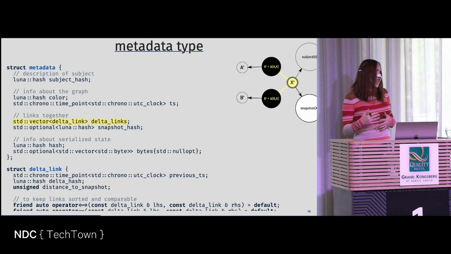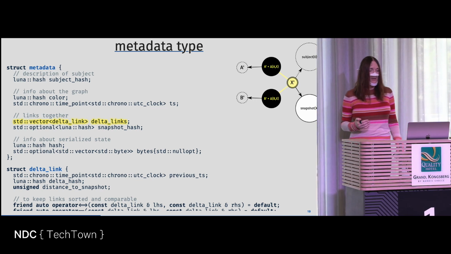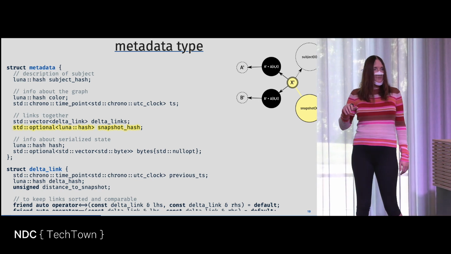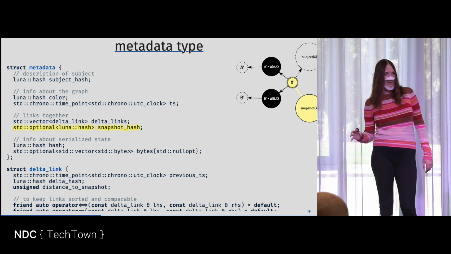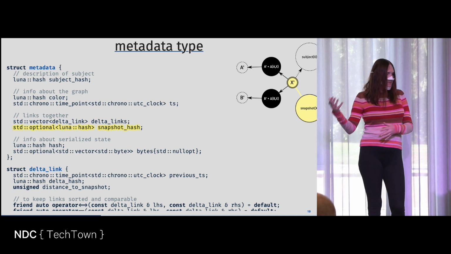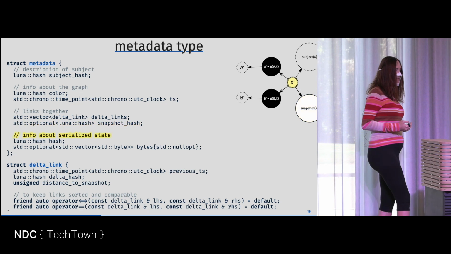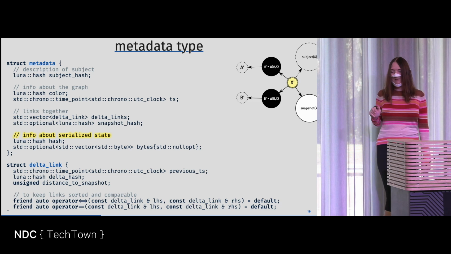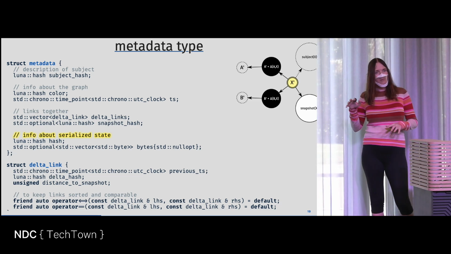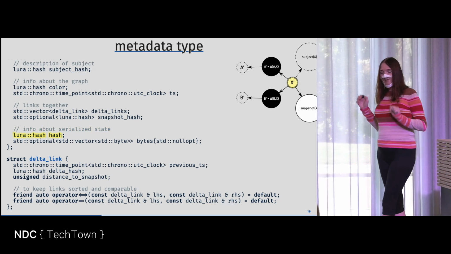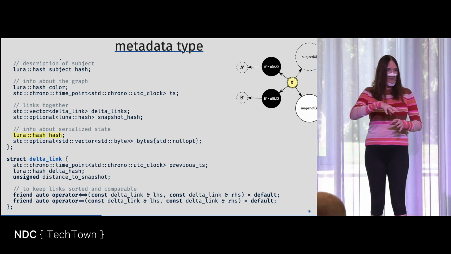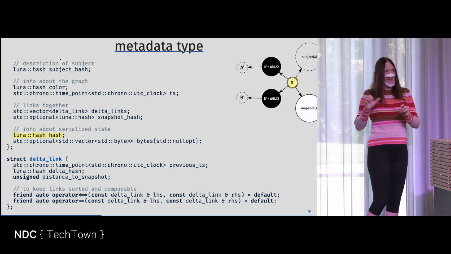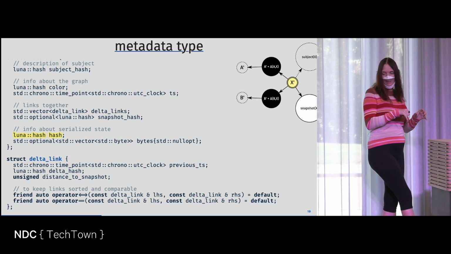They are linked to a diff or patch. And some of the metadata can also contain the hash of the snapshot, so you can download it and unpack it and get the subject itself immediately. There are two member variables which are not serialized, but you need to know them for the algorithms. The hash of the metadata itself, so when you serialize it and calculate the content, then calculate the hash.